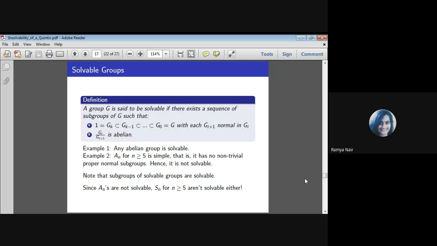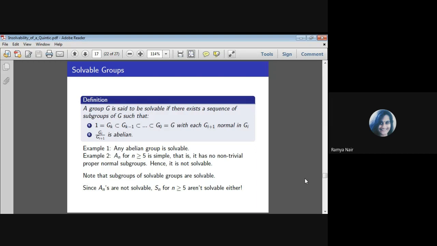The most obvious example of a solvable group would be any abelian group, because the quotient is always going to be abelian, and since it's abelian, all subgroups are normal. So any abelian group is solvable. And I don't know if you know this fact that An for n greater than or equal to 5 is simple. That is, it has no non-trivial proper normal subgroups.